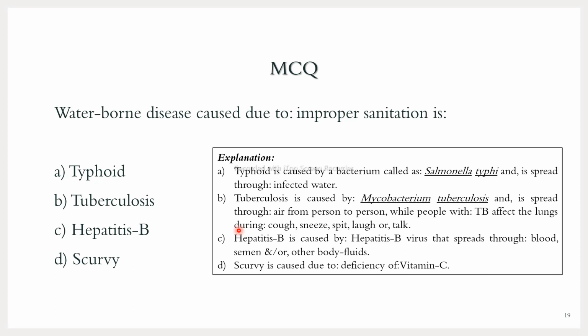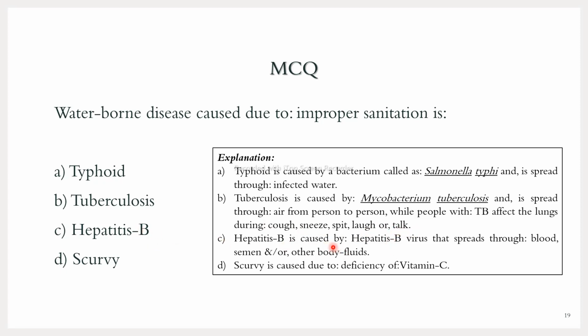Typhoid, option A, is caused by a bacterium called Salmonella typhi and is spread through infected water. Option B, tuberculosis, is caused by Mycobacterium tuberculosis and is spread airborne from person to person, while people with TB affect the lungs during cough, sneeze, spit, laugh or talk.